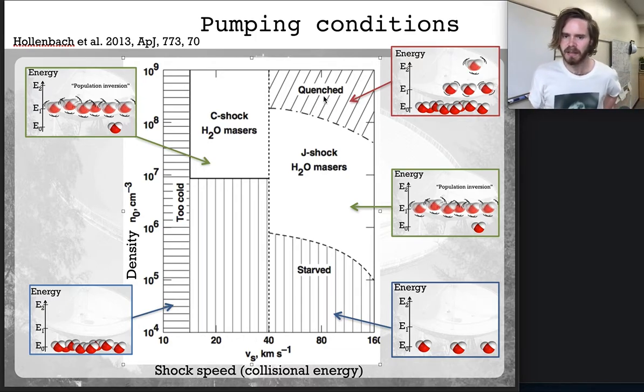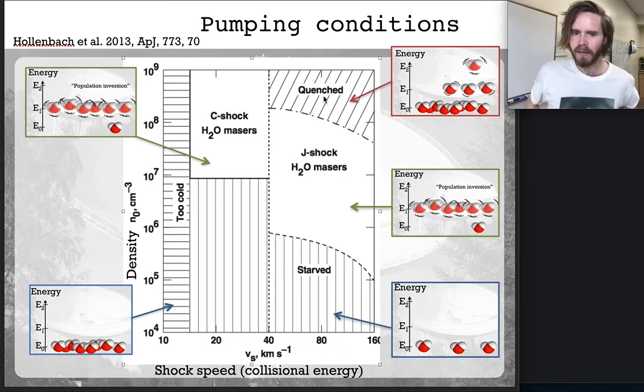So what happens is, let's say you have a high shock speed, so you have a lot of collisional energy, but you also have a very high number density. The number density and the energy density are so high that all of the molecules pass their energy between each other very efficiently, and this produces the original state of matter, which is the thermal distribution.